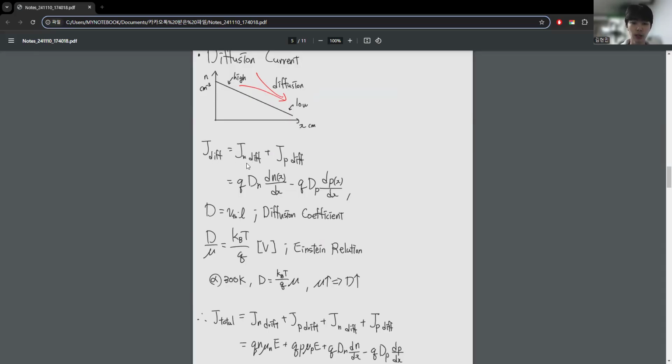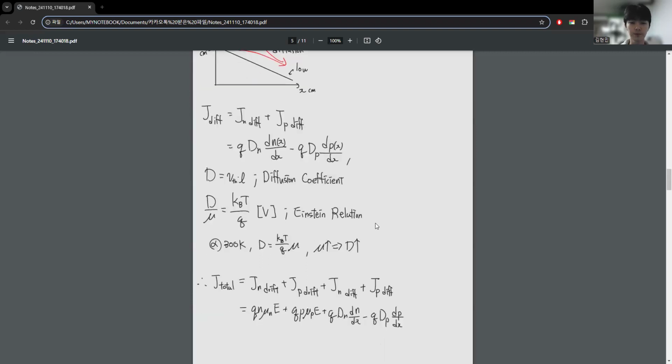Diffusion current J diffusion equals Jn diffusion plus Jp diffusion, equals q Dn dn(x)/dx minus q Dp dp(x)/dx. D is velocity times length; D means diffusion coefficient.